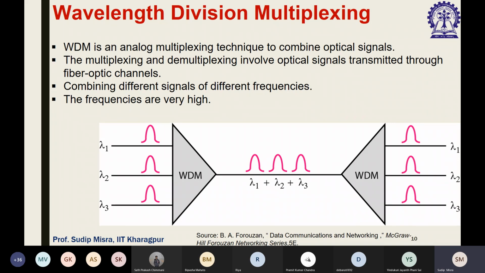Small wavelength means very high frequencies, so it is as if high frequencies are all combined. Both of these, frequency division multiplexing as well as wavelength division multiplexing, are used for analog signals, right?